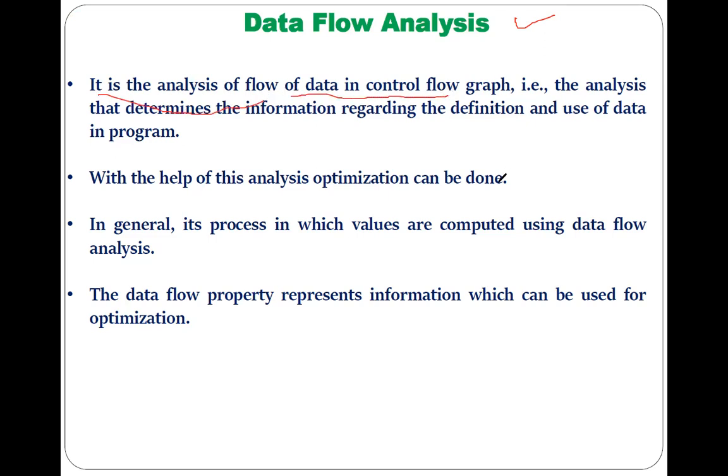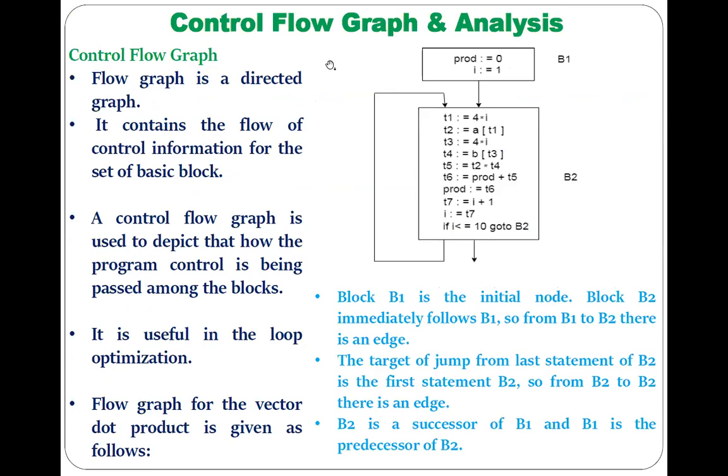The control flow graph we have seen. In that analysis of flow of data, how the data is moving from one basic block to another basic block, that is the analysis that determines the information regarding the definition and use of data in the program. If you see this as our control flow graph, doing the analysis related with the data flow means how the data is flowing from one particular basic block to another basic block, where the definition of certain data is being mentioned, where the reference of certain data is being done.